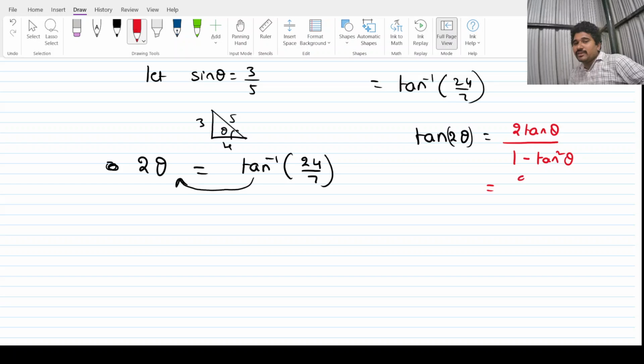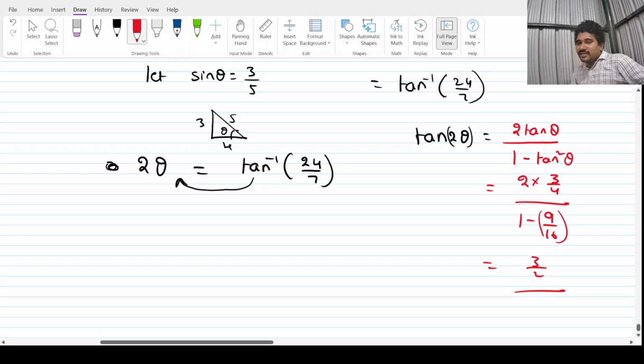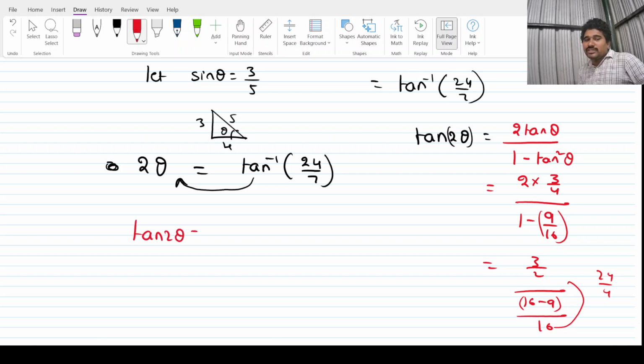So from here, 2 into tan theta is 3 by 2, over 1 minus 9 by 16. How much you will get? 3 by 2 divided by 16 minus 9 divided by 16. What will it come? 24 by 7. So you got tan 2 theta is equal to 24 by 7.